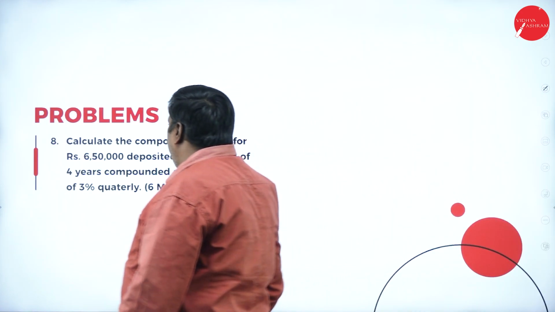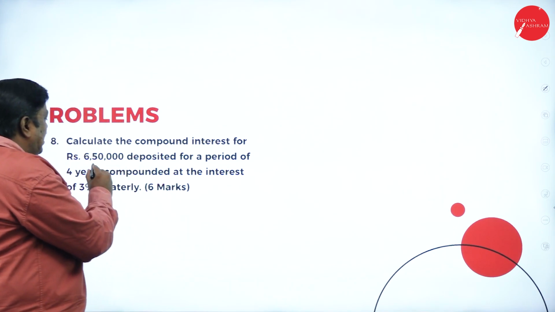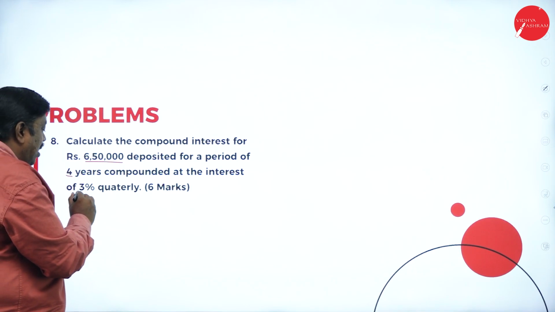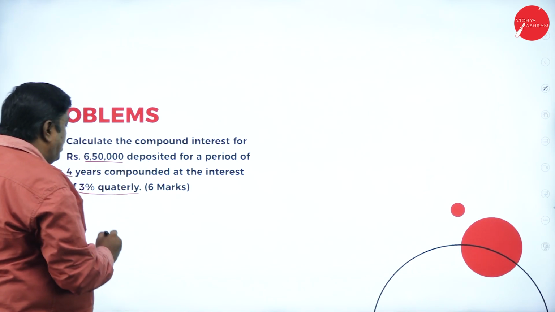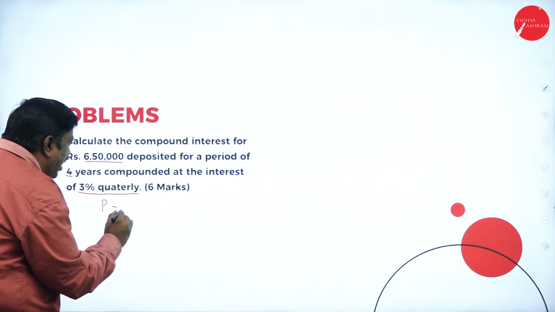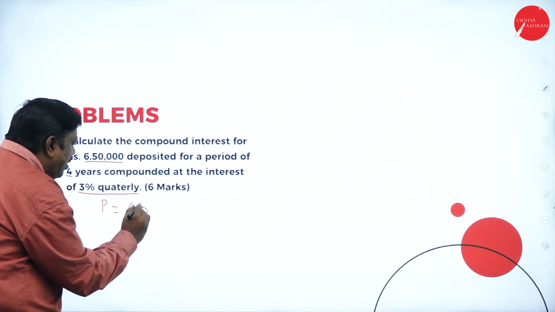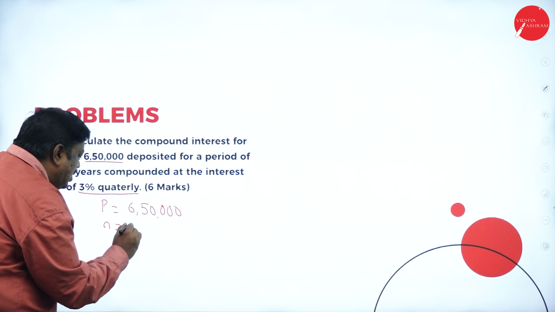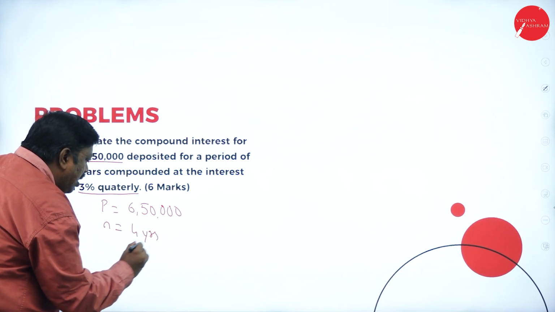In the next problem, we have taken here 6,50,000 for a period of 4 years. Here 3% quarterly. My principal is 6,50,000 and my N is 4 years.